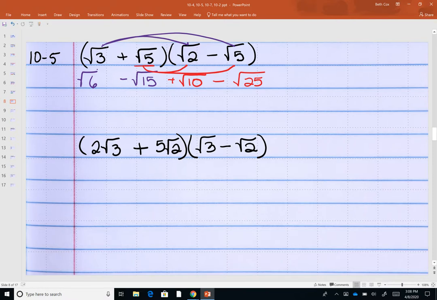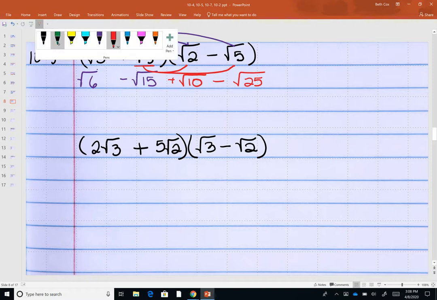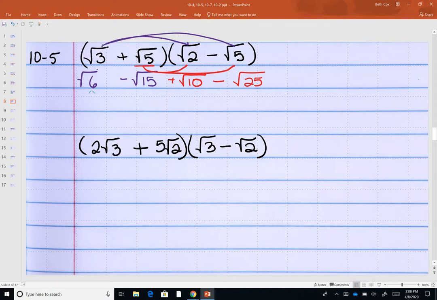Now there's only one of these that will actually simplify. This one right here is 2 times 3, so that one's not going to simplify. This one's 3 times 5, it's not going to simplify. This one breaks to 2 times 5, not going to simplify. This is the only one that's going to be able to be simplified. And the 5's get out and nobody is left in the house.